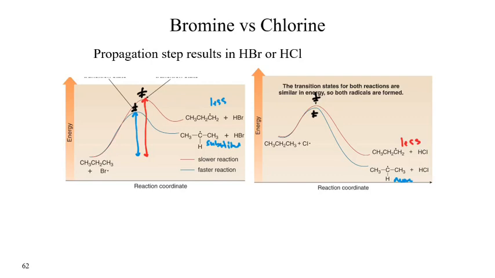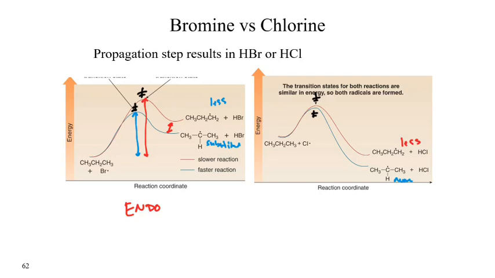If we look at the bromination reaction, you should notice that that is an endothermic reaction, which means that the transition state, according to the Hammond postulate, which we keep floating out there as a term, is closer in energy to our products. Because our products have vastly different energies, the transition states now have vastly different energies.